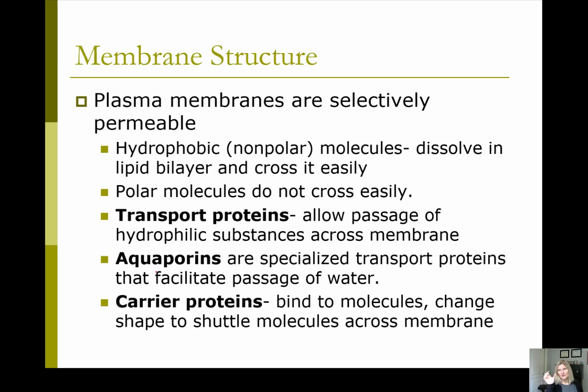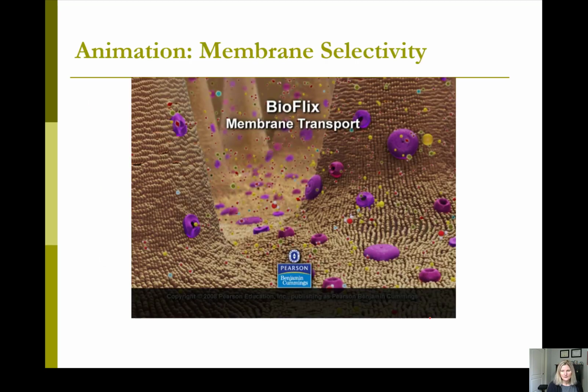Aquaporins are specialized integral transport proteins that allow water through. And then carrier proteins can bind to certain molecules and change shape in a certain way so that the molecule can shuttle across. Okay, so let's watch a video showing all of this. Oh, I've got to put my pen away.